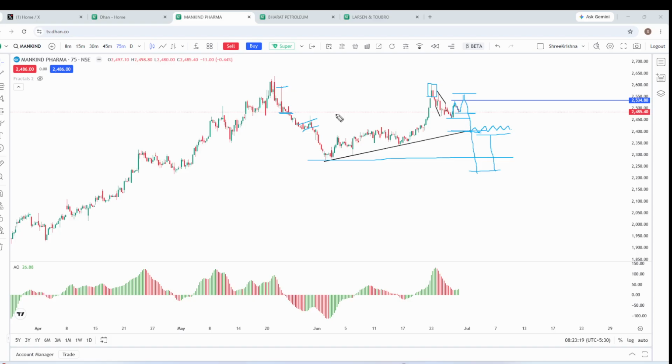The consolidation basically gives you a comfort zone where you can take a comfortable trade, assuring that this consolidation will break downward. And in the upward side, this is the consolidation. In the upward side, this is the consolidation. This is the consolidation. And this is the consolidation.